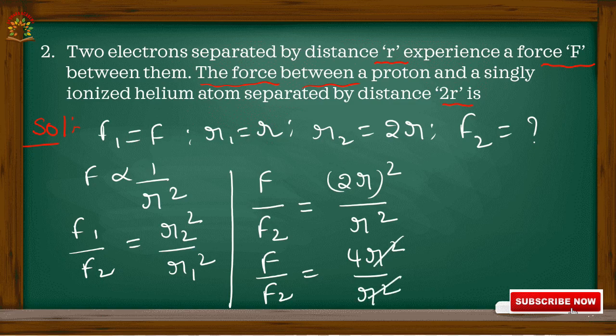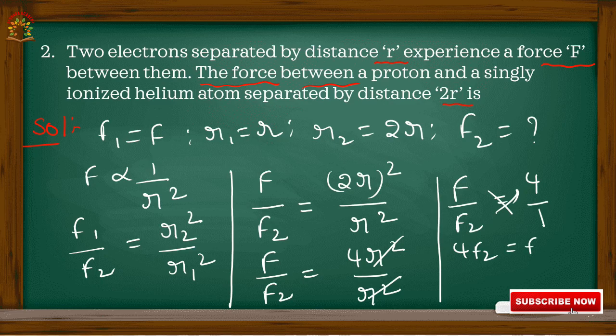R square cancels, and F by F2 is equal to 4 by 1. Taking cross multiplication, 4F2 is equal to F. So F2 is equal to F by 4. This is the final answer: the force between a proton and a singly ionized helium atom separated by distance 2r is F by 4.